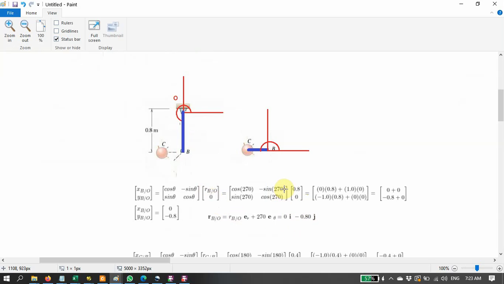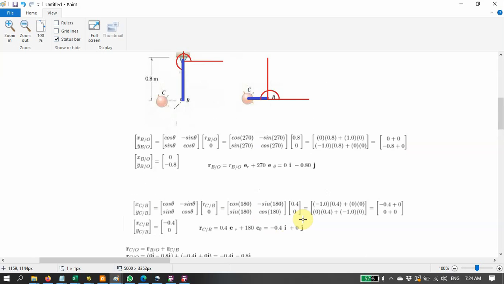The angle made by the r axis with the x axis is 270 degrees, and the r position is 0.8 meters. So we express the position of B relative to O as 0.8 meters at 270 degrees in theta direction, and 0 in x direction, minus 0.8 in y direction.